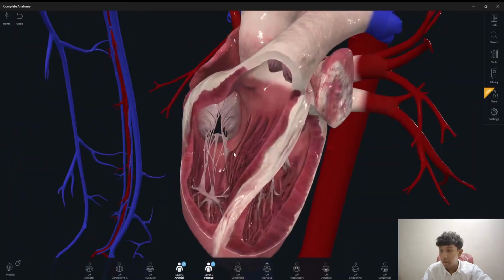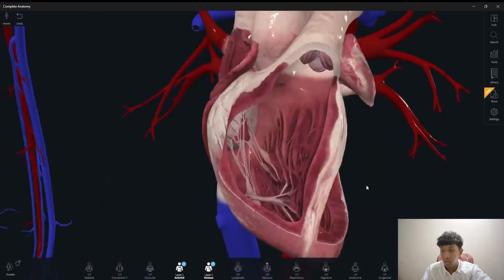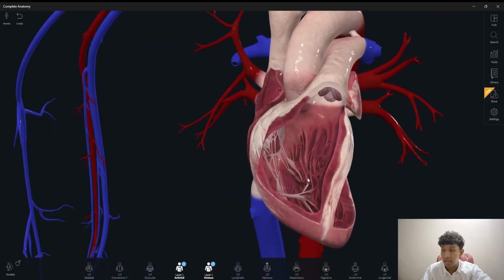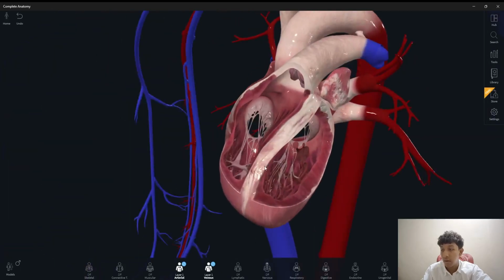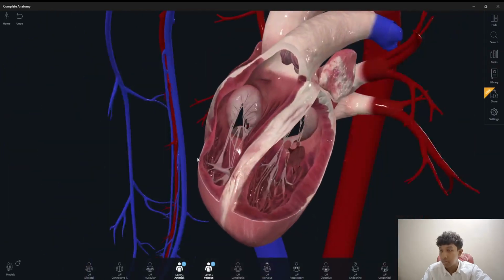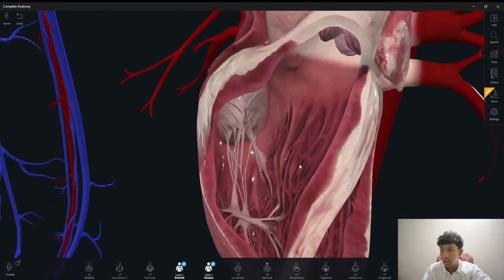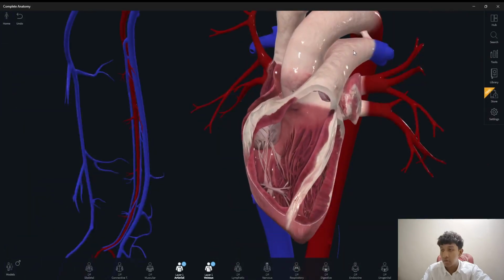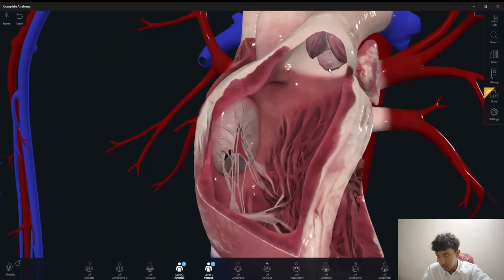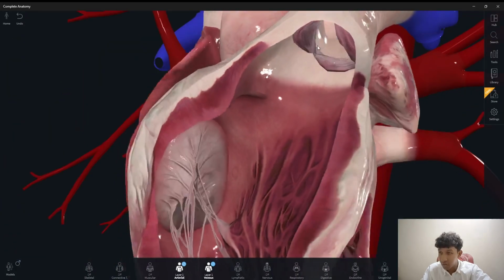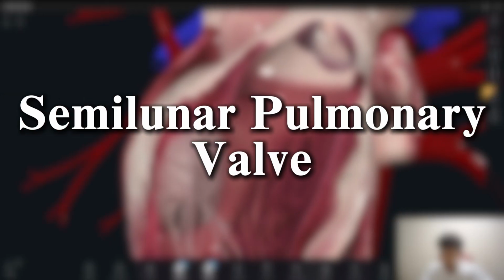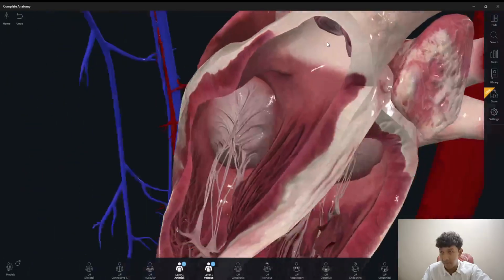Now we know that the ventricle is the one that has the ability to pump blood. It's not the atrium, it's the ventricle. So the ventricle pumps the blood, and then the blood goes into the pulmonary tract here. You can see the barrier here, if you look very carefully. It's called the semilunar pulmonary valve.